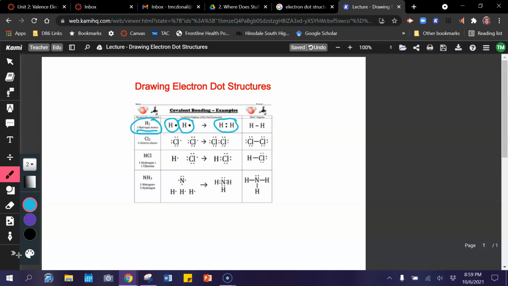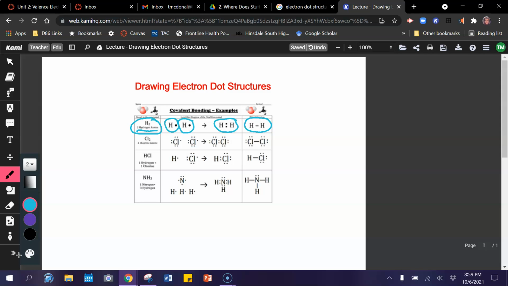And then over at the end, we see that we have switched out the dots for a dash. This is called a stick model. And typically when we're showing these kinds of bonds, we will trade out the dots for dashes. But sometimes you have dots that are going to stay.